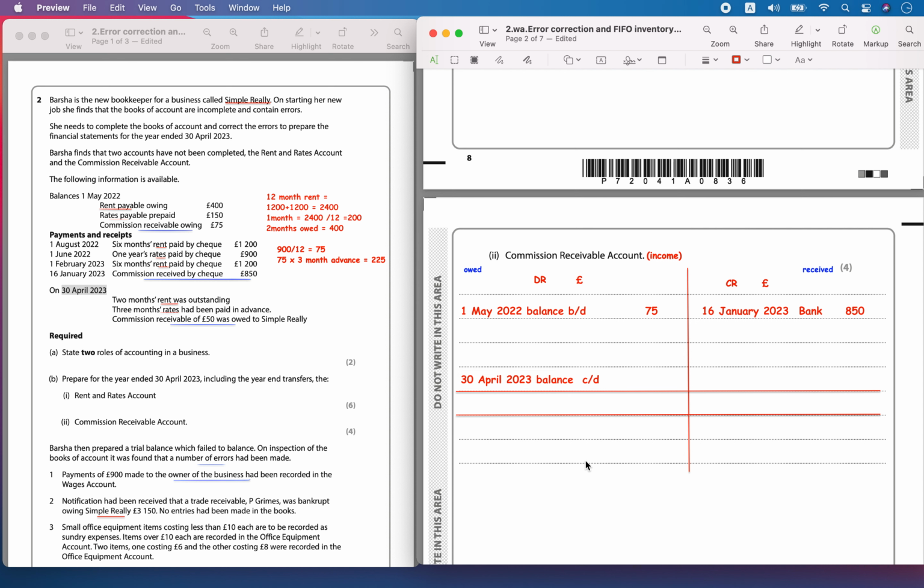So this had become an owed balance. An owed balance is actually going to come on the debit side as on 1st May 2023. The balance brought down had become owed. That's what it means. It becomes 50 pounds at the end.